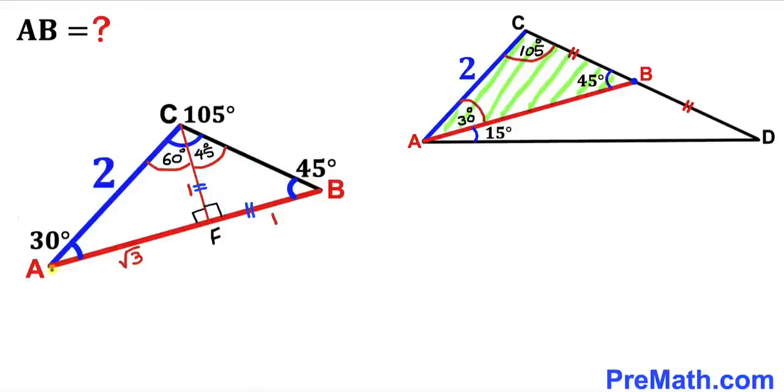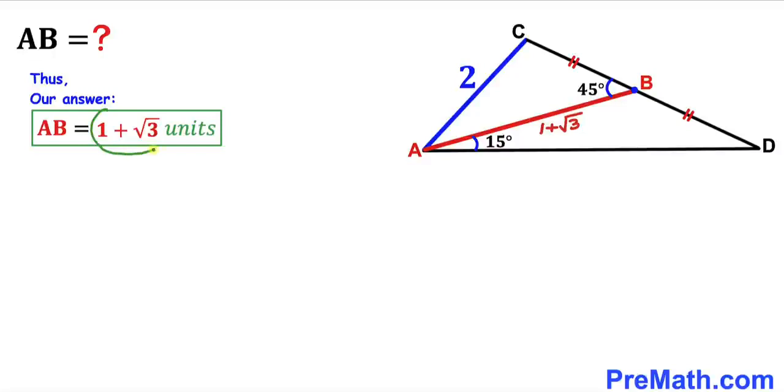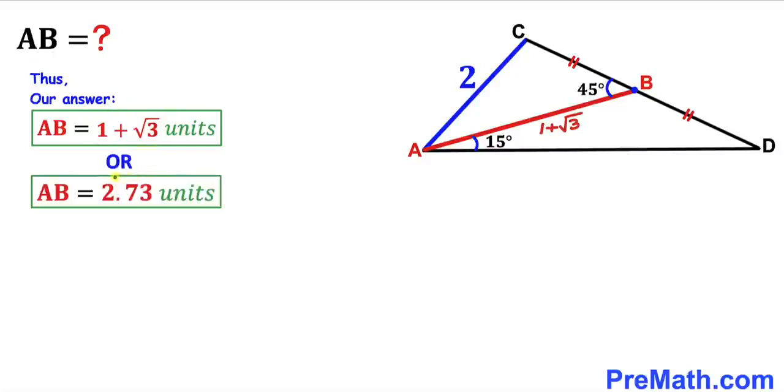So therefore we can see that this segment AF is square root of 3, and this segment FB is 1. So therefore this whole side length AB has got to be 1 plus square root of 3. So thus our AB length turns out to be 1 plus square root of 3 units, and that could also be written as 2.73 units.